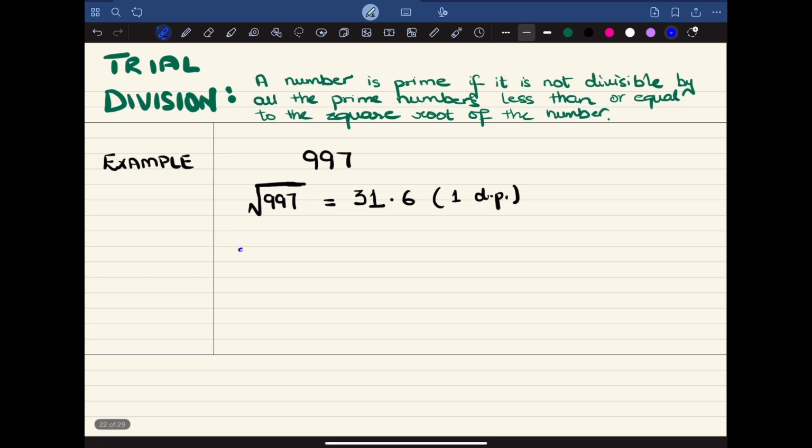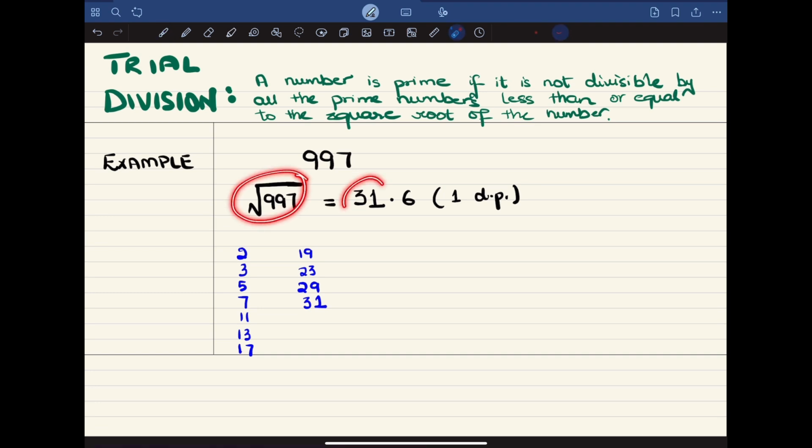So the prime numbers are 2, 3, 5, 7, 11, 13, 17, 19, 23, 29, and 31. Okay, so all the prime numbers less than or equal to the square root are these.